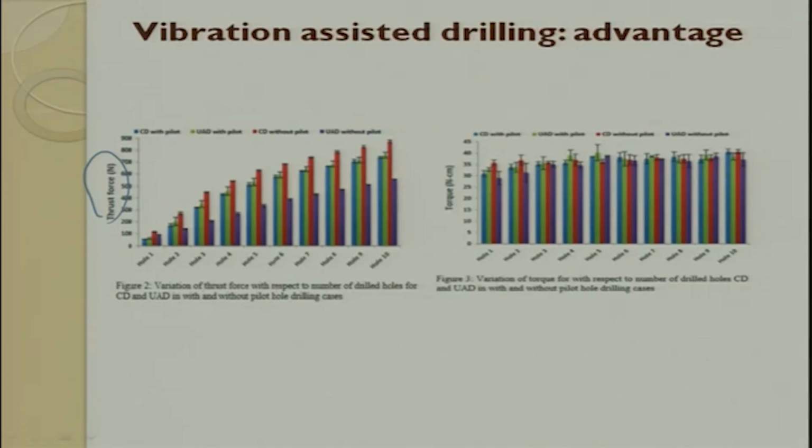You can see the variation in thrust force with respect to the number of holes drilled for CD and UAD. UAD is the vibratory assisted drill and CD is the conventional drill. This is CD with pilot and vibratory assisted with pilot, and CD without pilot and UAD without pilot. You can see the difference in response.